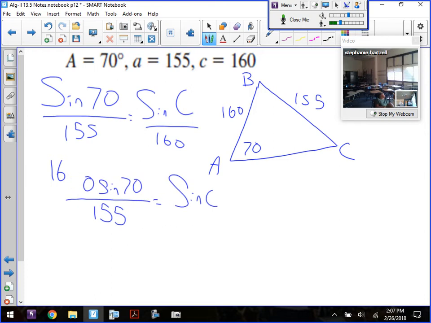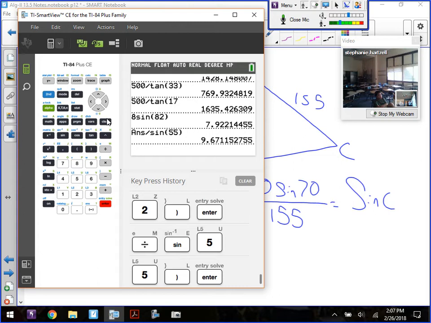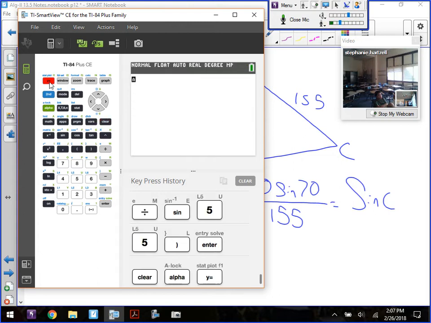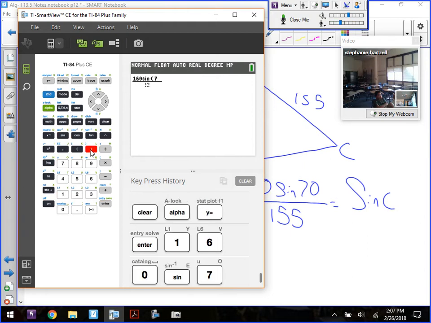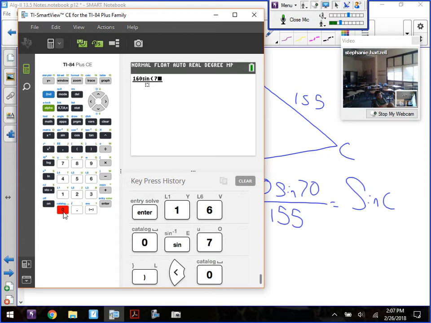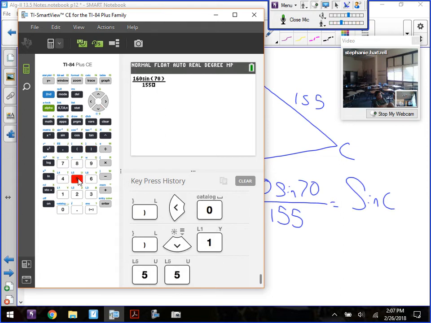Let me move this over just a hair so I can see it as I'm writing. I'm going to clear this and make a fraction bar. I have 160 sine 70 over 155, and I get some decimal.